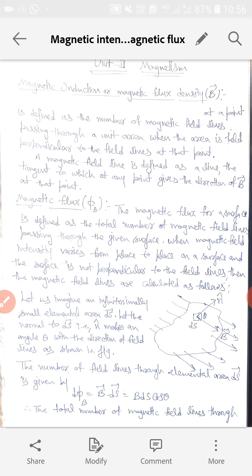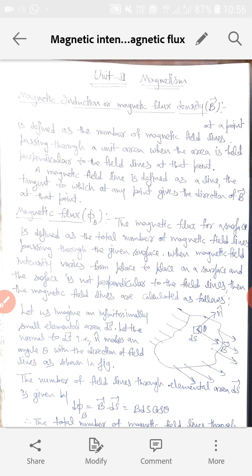Okay, and the magnetic induction is defined at a point, as the number of magnetic field lines passing through a unit area when the area is held perpendicular to the field lines at that point.